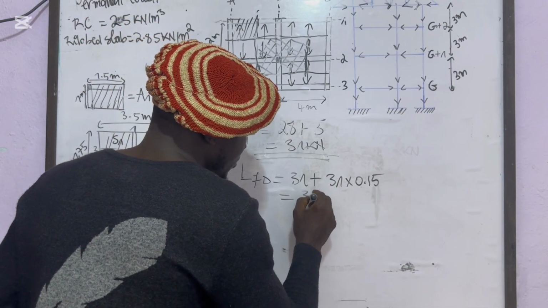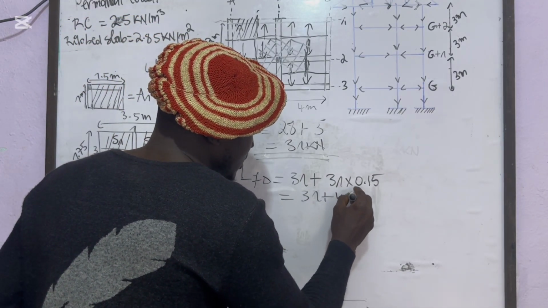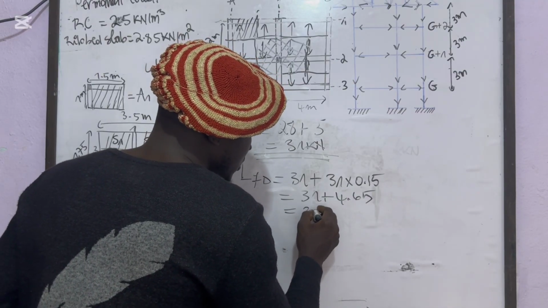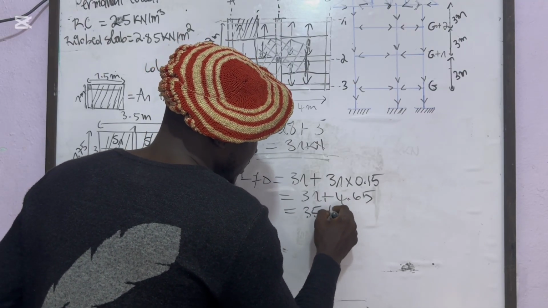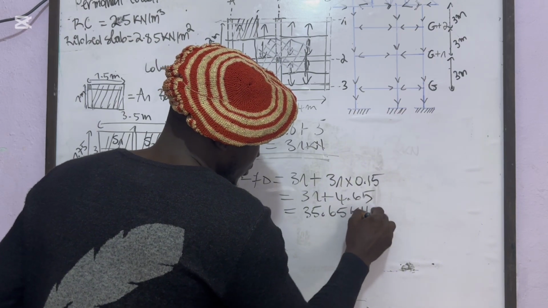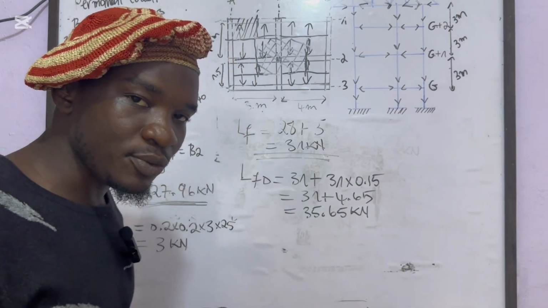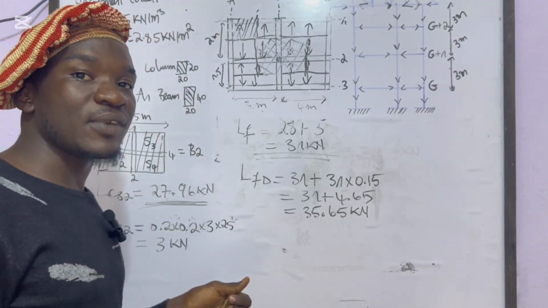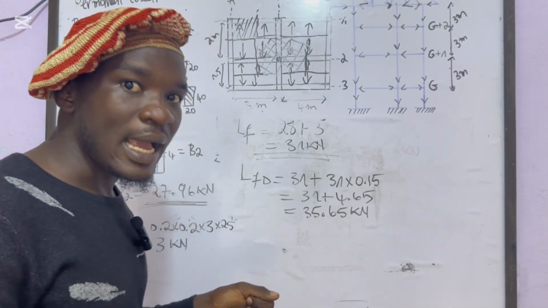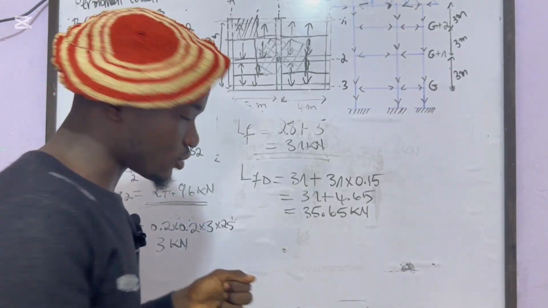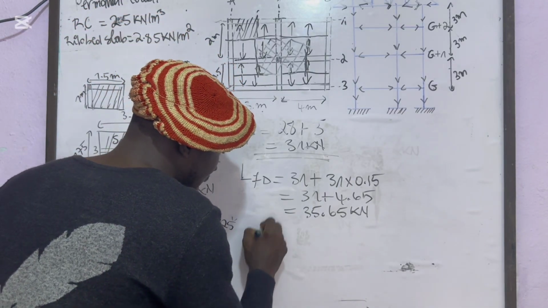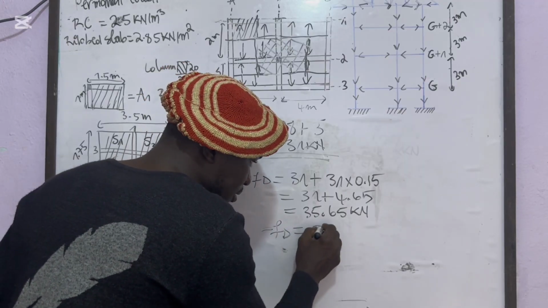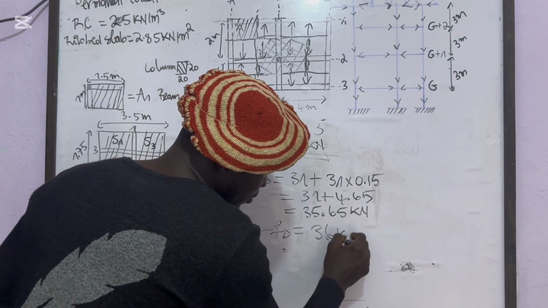So it will be 31 plus 4.65, which is finally equal to 35.65 kilonewton. And because we are always analyzing in the worst case scenario, better in the phase of designing or conception, add to your load and trace your structure somehow. We'll just say that LF for the design, LFD, is equal to 36 kilonewton.